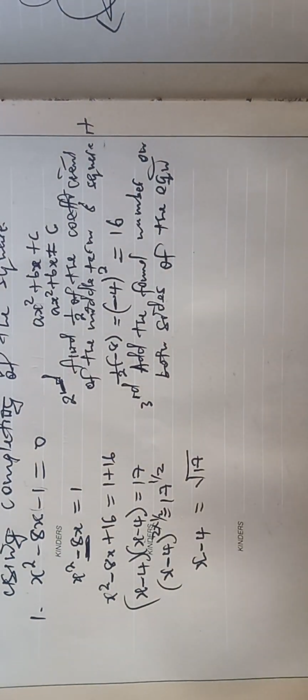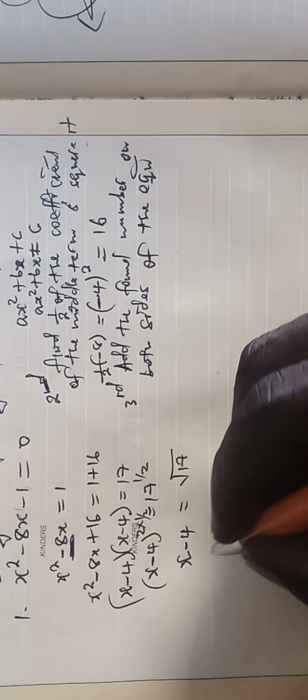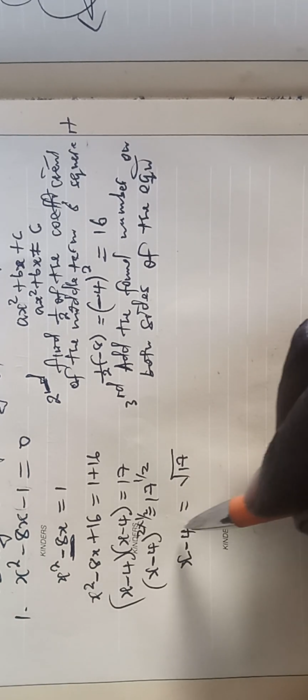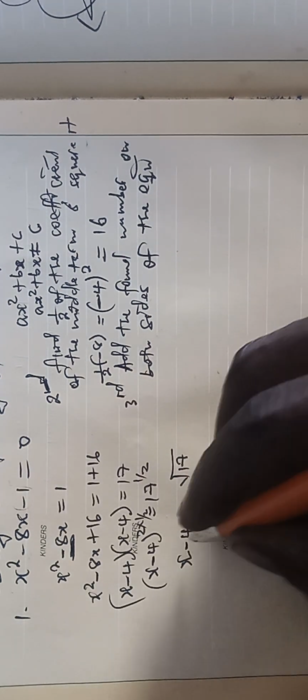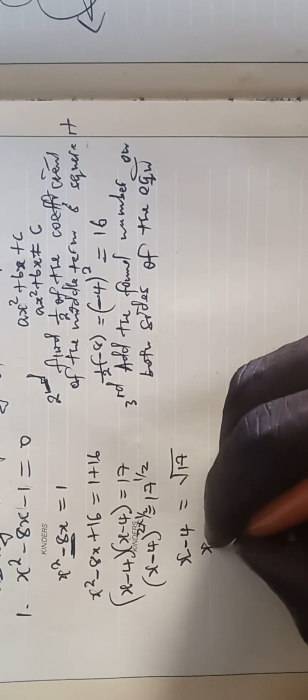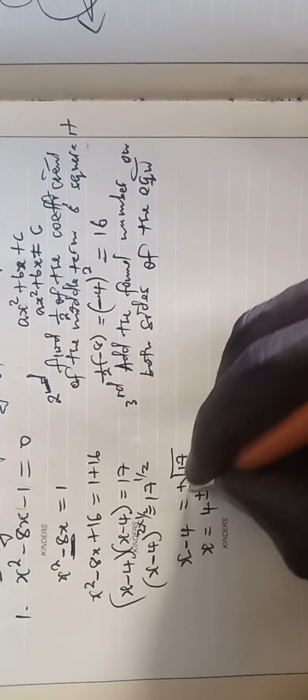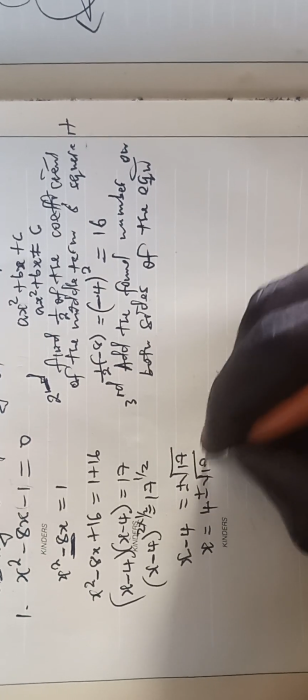Moving forward, we now solve for x and put this negative 4 on the other side of the equal sign, and we are left with x is equal to 4 plus or minus square root of 17.